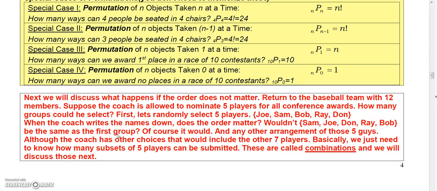It would. It would be the same. So, in this example, we would only be concerned with how many 5-player subsets are possible, and we wouldn't care about all the different arrangements within each subset. So in that case, we would be looking for the number of combinations that we could choose rather than the number of permutations. And we'll see that in the next video.